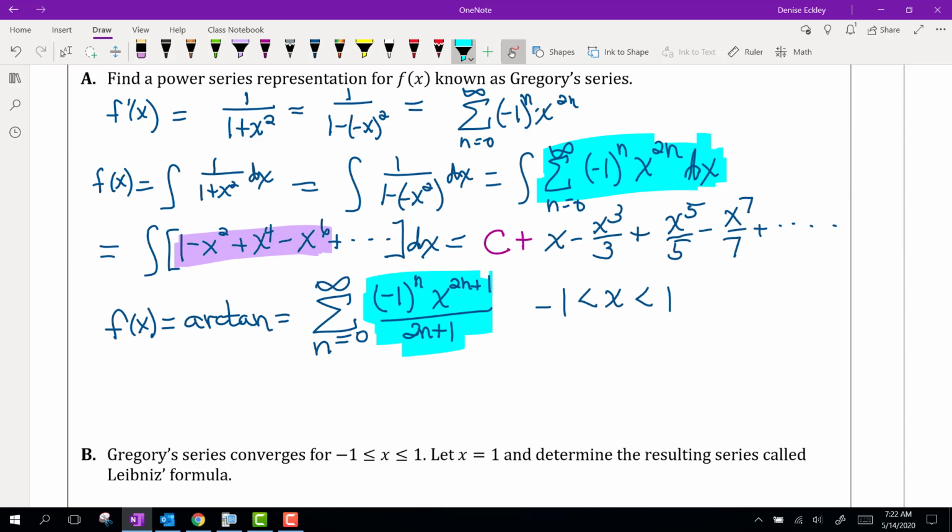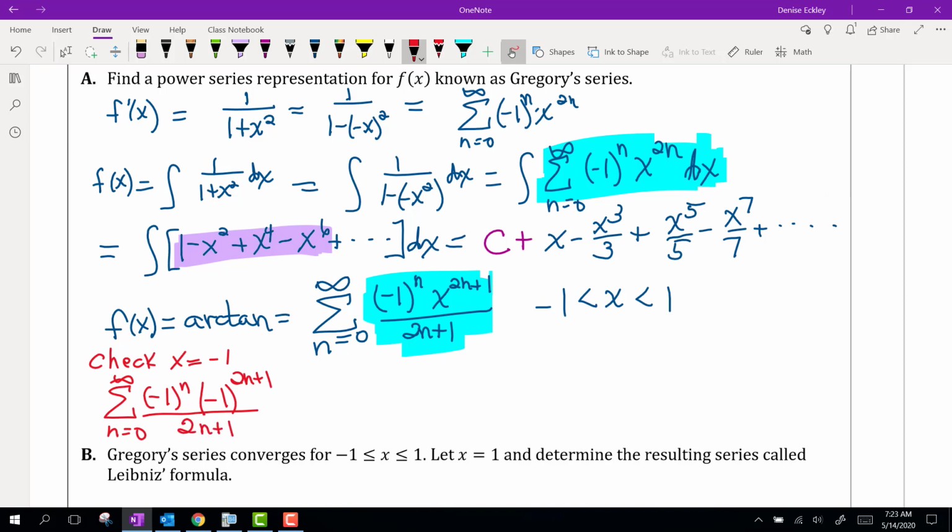So now what we're supposed to do is check our endpoints for the interval of convergence. And what we're going to find for both of these, when we check x equals negative 1, we're going to have the summation n equals 0 to infinity of negative 1 to the n, and then we're just going to have negative 1 to the 2n plus 1, and that's all going to be over 2n plus 1.